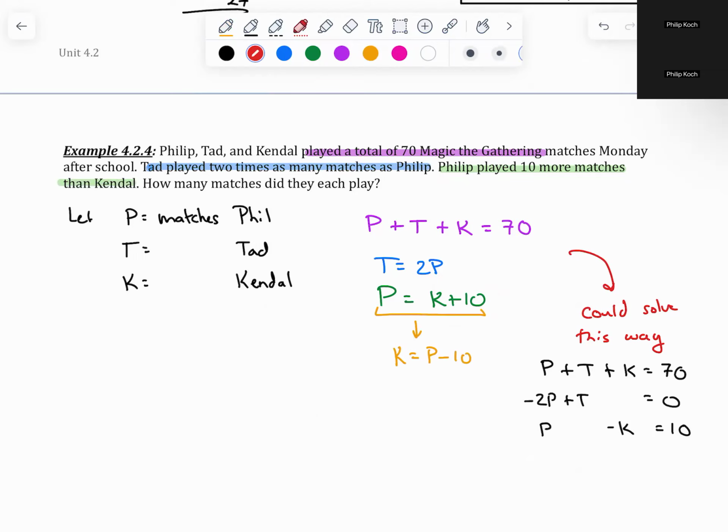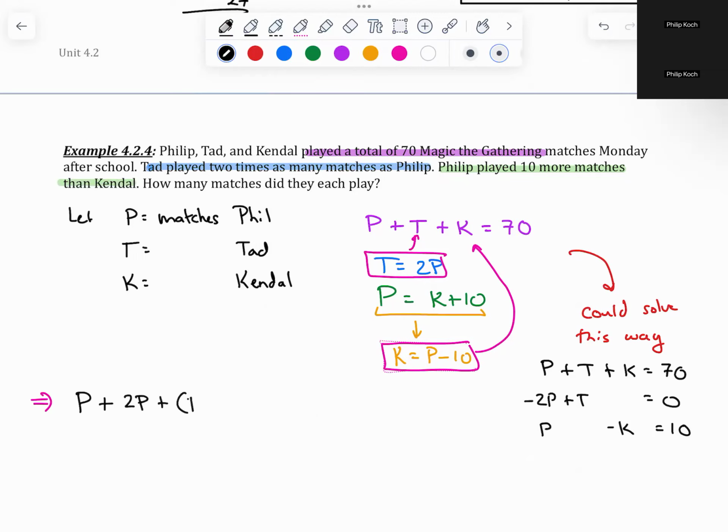So I can take this and plug that in for K, and I can take the T equals 2P and plug it in for T to get myself P plus 2P plus P minus 10 is equal to 70.